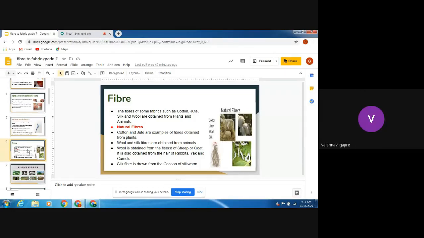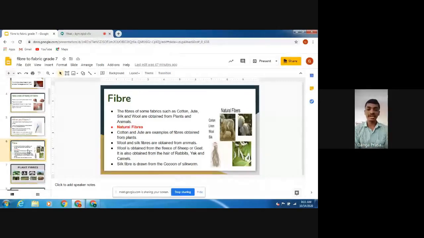Goats and animals. Yeah, thank you. Cotton, jute. Please communicate in the chat box if I ask any question. So from where do we get fibers? We get fibers from plants and animals.